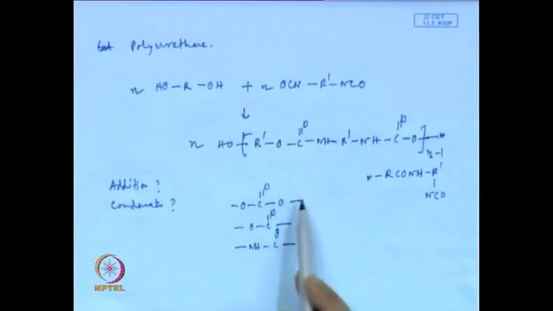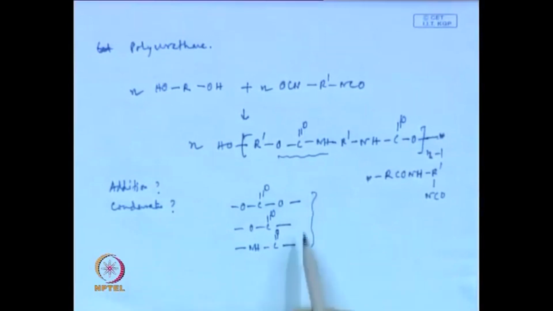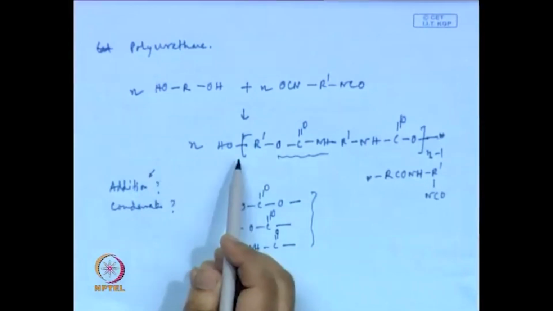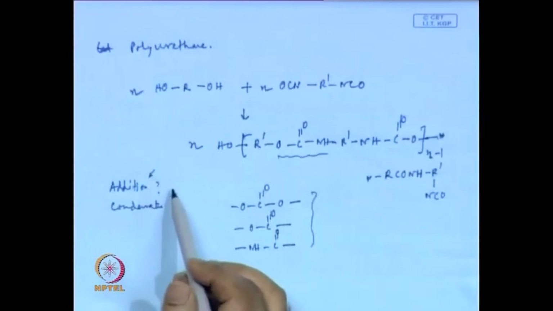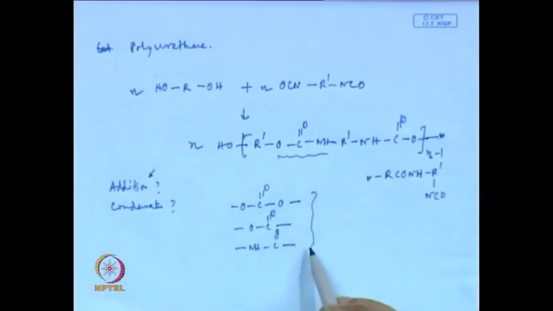So, the functionality in the backbone is much more similar to your condensation polymers rather than the addition polymers. Most addition polymers have a backbone of carbon. So, though according to the original definition of addition polymers it should be an addition polymer, you can yourself justify it being a condensation polymer rather than an addition polymer.